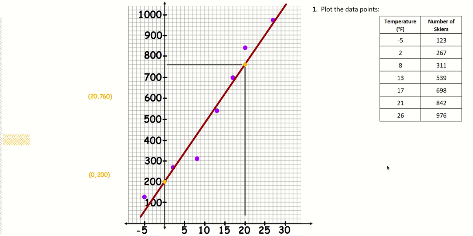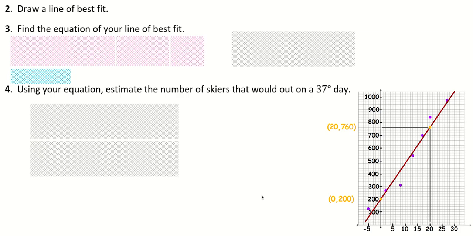Okay? So again, pause the video if needed to get this line of best fit finished. So there's the line of best fit. And now, again, look, literally, they want you to figure out the equation of this line, which we've done many times, including the warm-up for today.